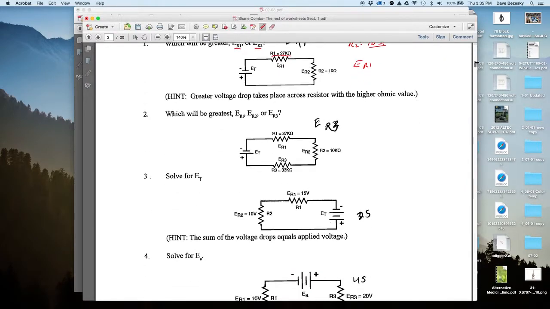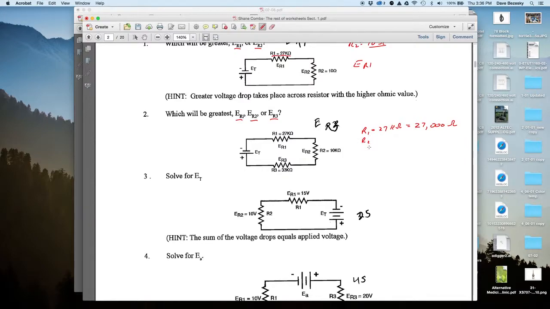And number 2, which will be the greatest? ER1, ER2, or ER3? Okay, we're going to go resistor by resistor again. R1 equals 27 kiloohms, and that's equal to 27,000 ohms.